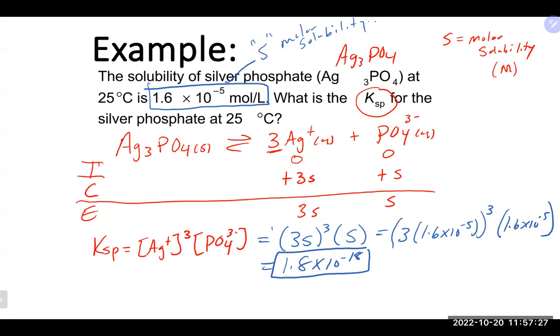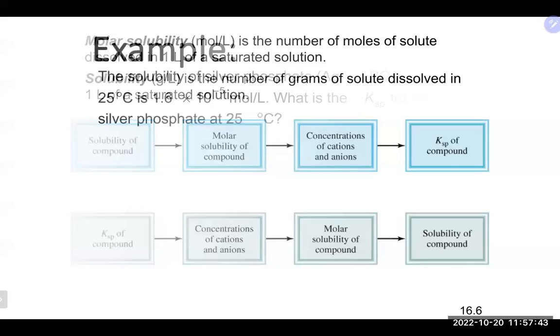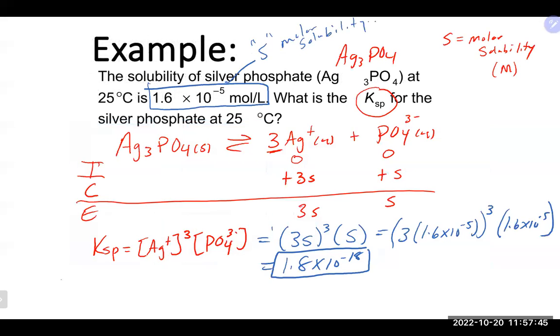Now, I did an ice table here just to show you how the ice table would look. You did not need to do that if you understand how molarity works. So once again, this is going to break apart into my 3 silvers and my phosphate.